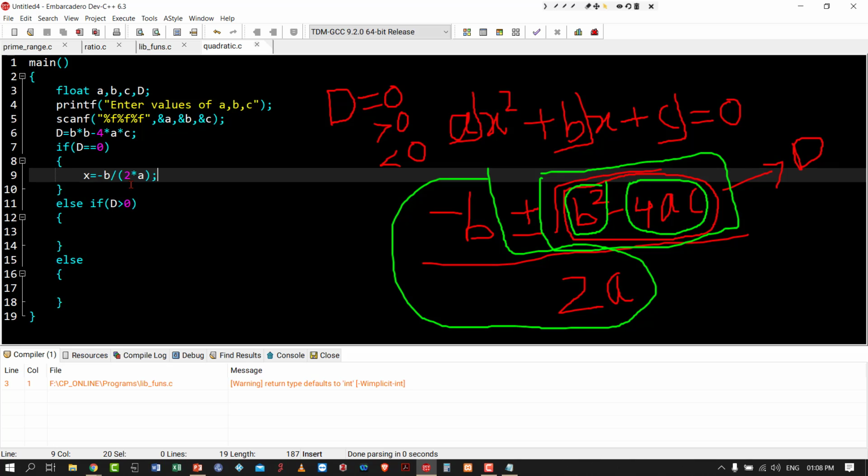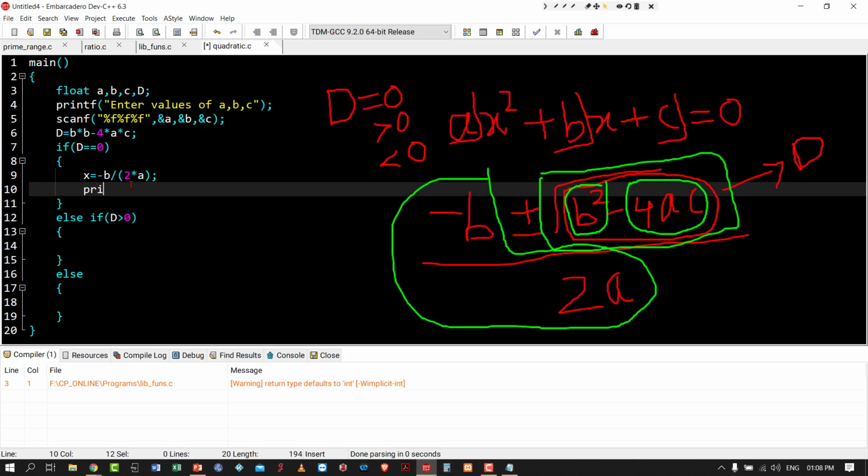This is x. So just write printf, roots are equal, comma, x equal to percentage f, comma, x.